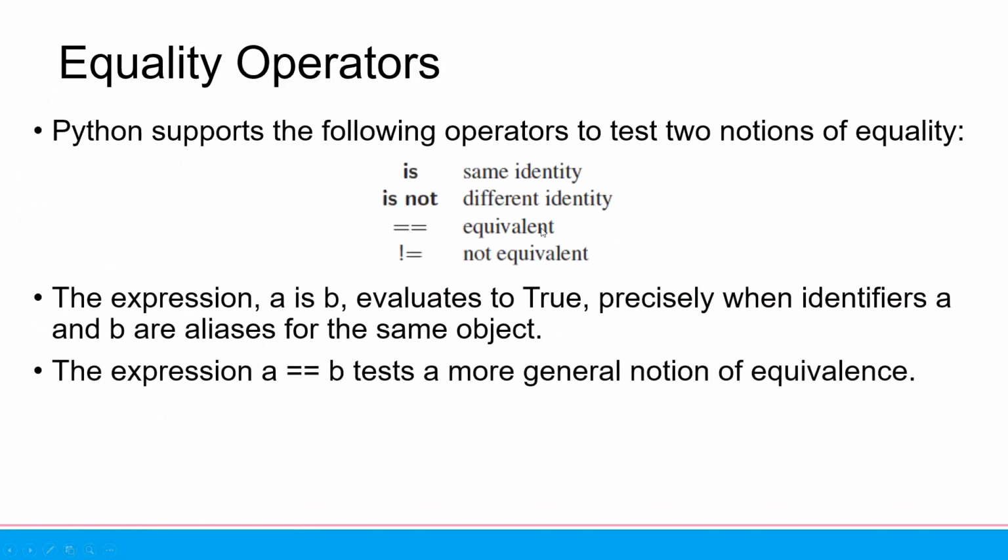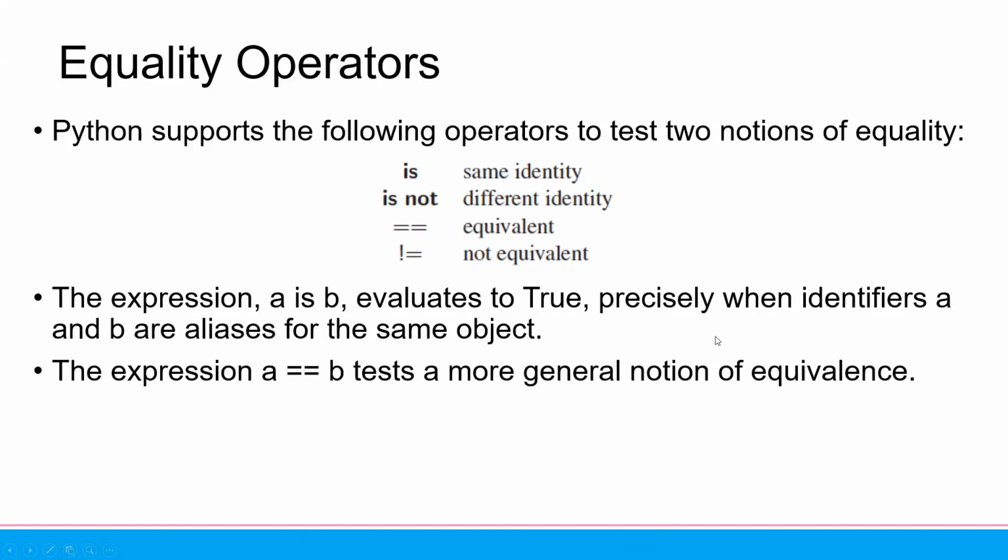Equal means equivalent, and not equal means not equivalent. The expression A is B equals true precisely when identifiers A and B are aliases of the same object. The expression A equal B tests a more general notion of equivalence.